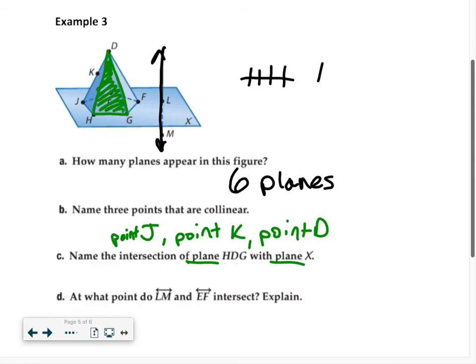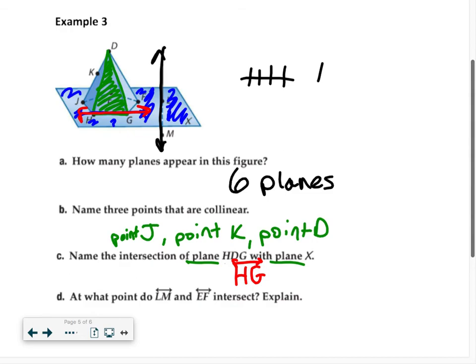Where does that intersect plane X? So plane X is this kind of parallelogram-looking plane here. Those intersect here. I'll use red even. They intersect here. Okay, at what line is that? That's line HG. So we've got to label that one with points, so we've got to use our line above it with arrows there.